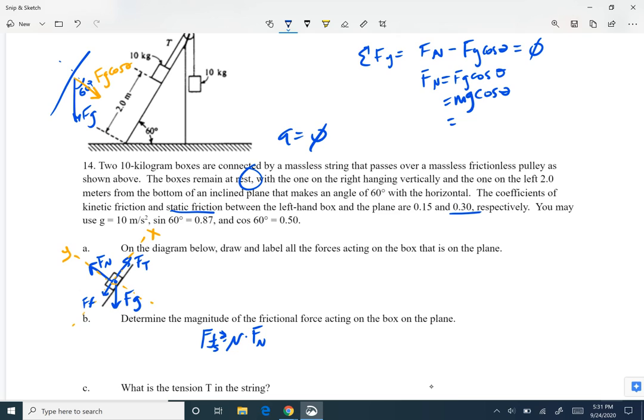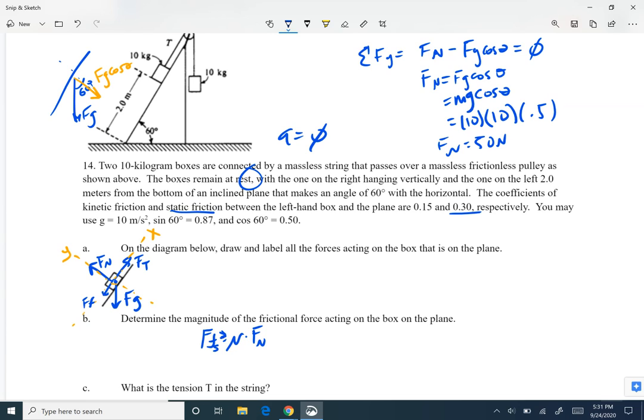So if I'm looking for force normal, that's going to be 10 times 10 for gravity times cosine of theta, and cosine of 60 degrees is 0.5. So I just got to do 100 times 0.5, and I know that force normal equals 50 newtons.